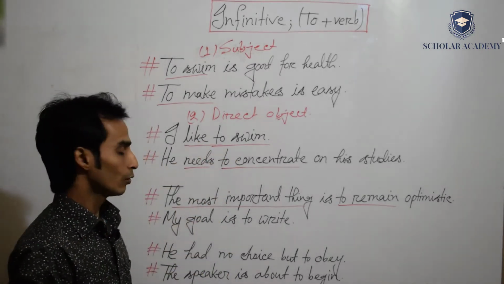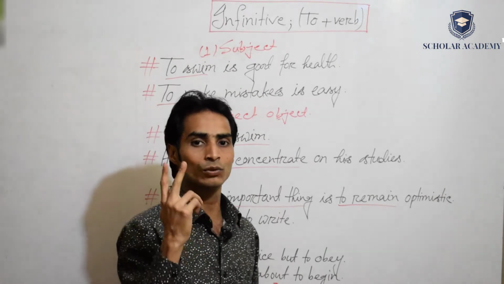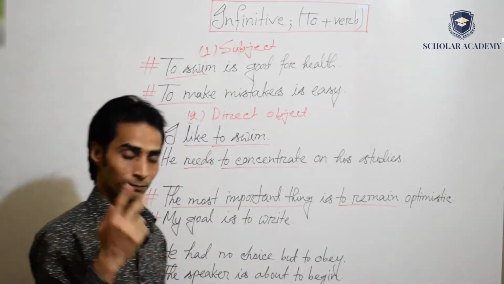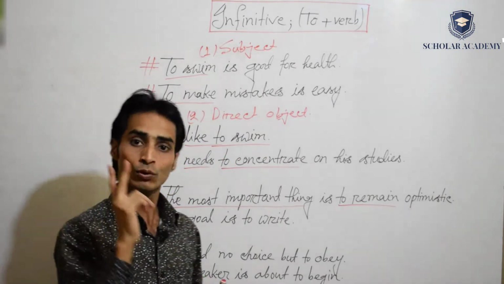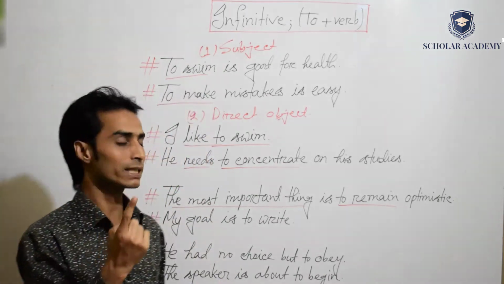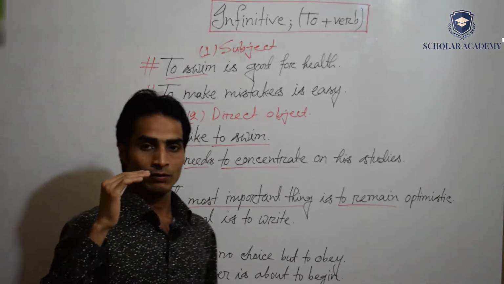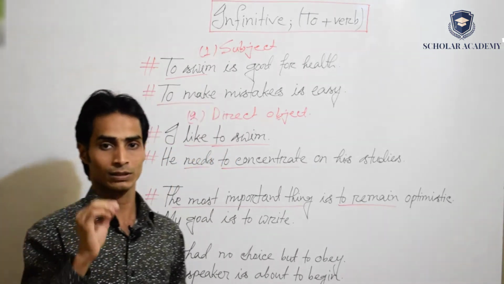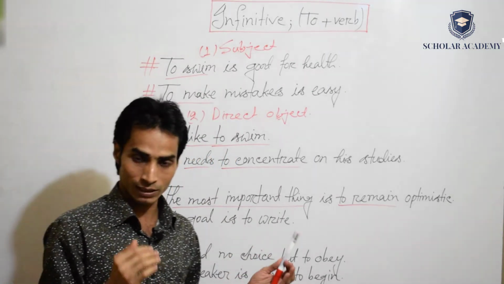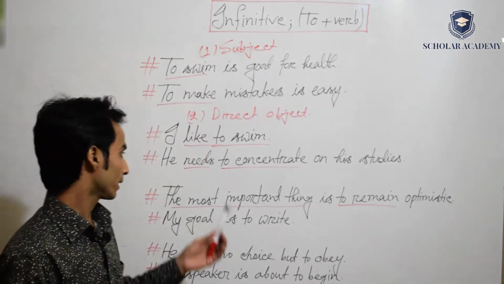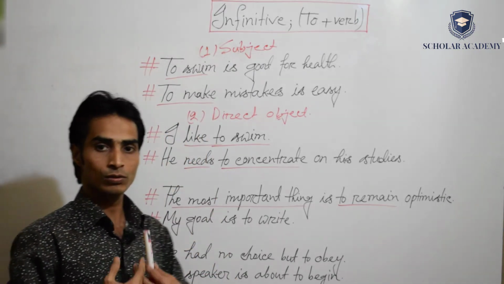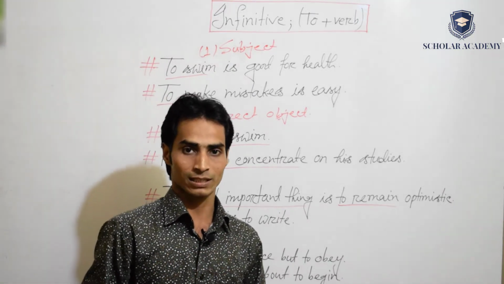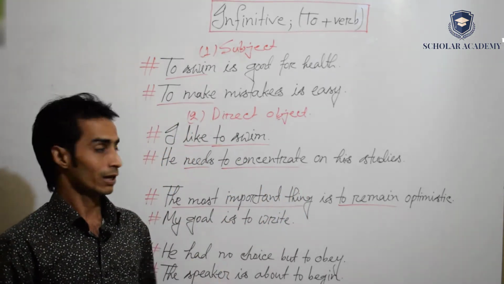We know that a transitive verb has two defining characteristics. Number one, a transitive verb receives an object to complete its action.